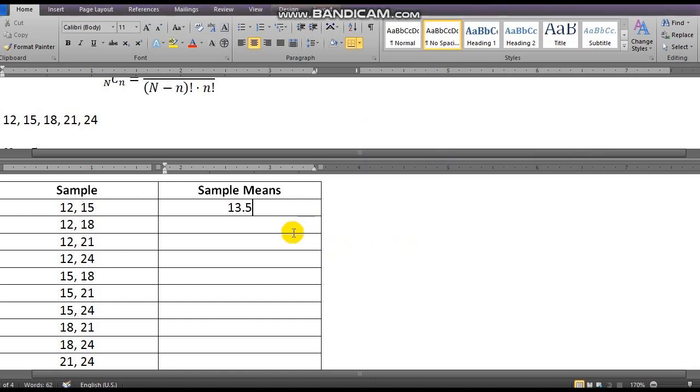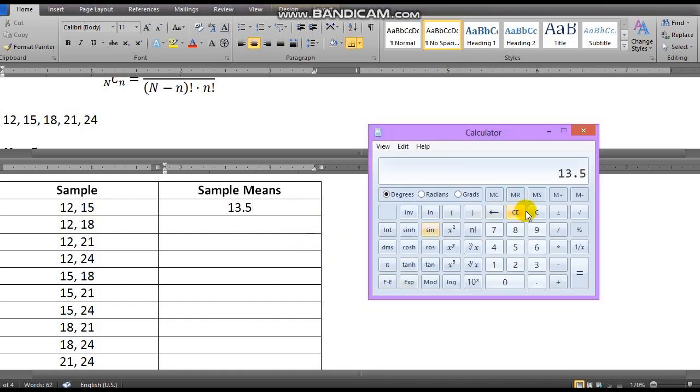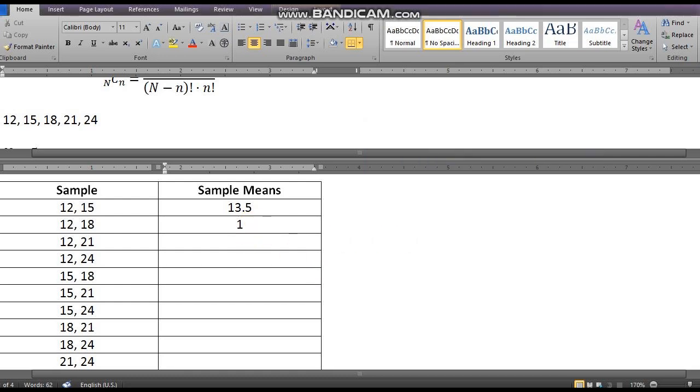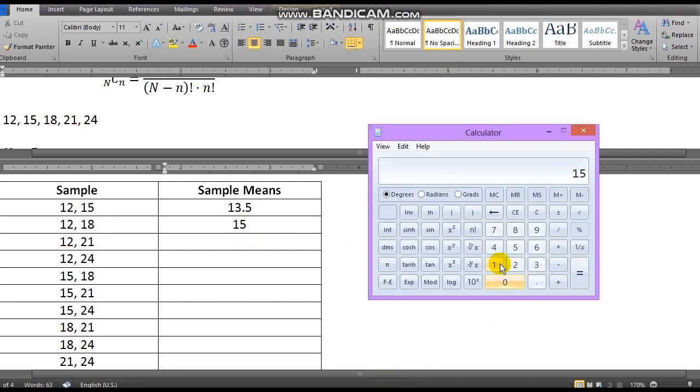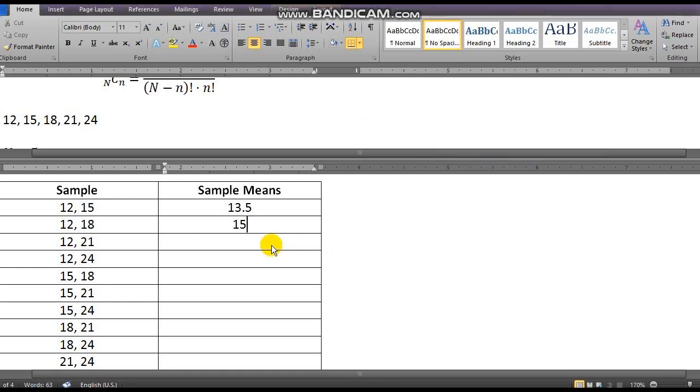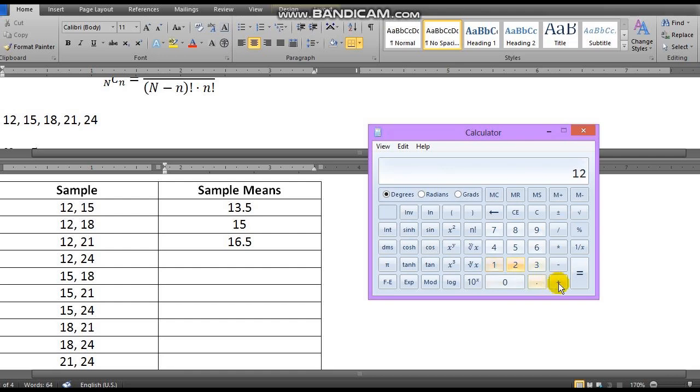We're going to do this for all of the samples. So we have 12 plus 18 divided by 2, that's 15. Also have 12 plus 21 divided by 2, that is 16.5. Next we have 12 plus 24 divided by 2, that is 18.